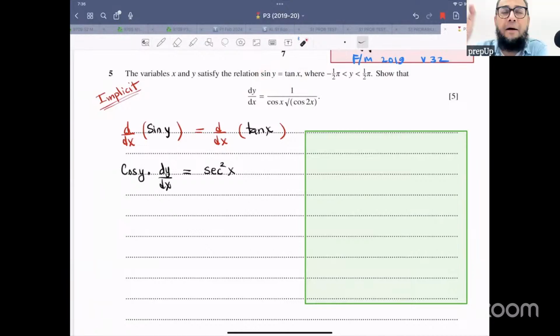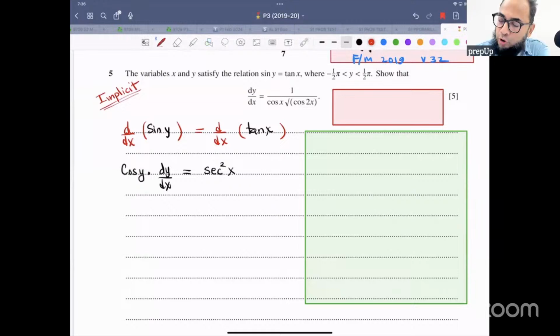We have the basic mother of all identities, and let me draw another box over here: sine square x plus cosine square x equals 1. We have 1 plus tan square x is sec square x. And then we'll also be using a double angle formula. Okay, all good.